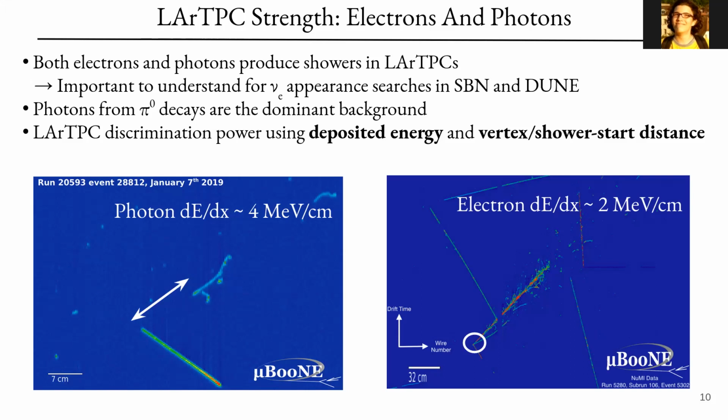And at the same time, photons from decays of neutral pions are going to constitute the dominant background for those appearance searches. But the good news in this case is that with our liquid argon TPC technology, we can discriminate between the two particle species using two key elements, namely the deposited energy and the distance between the interaction vertex and the start point of the relevant shower.